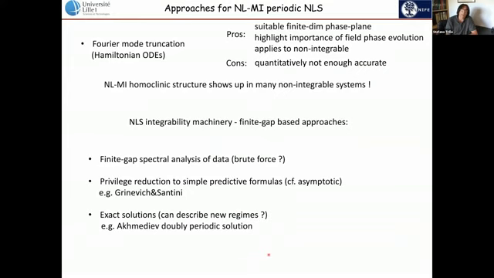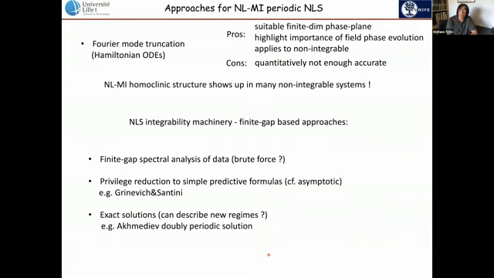Approaches we can take, as I showed: Fourier mode truncation, so we get Hamiltonian ODEs, and I think this is very important, because the homoclinic structure is not a property only of the nonlinear Schrodinger equation. There are many other NLS-based systems which are non-integrable, and you want to describe them.